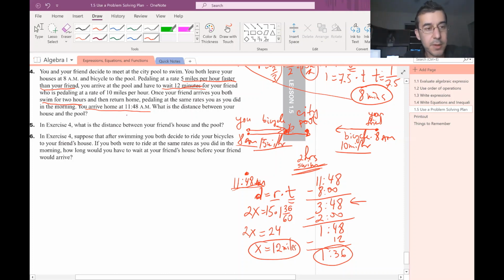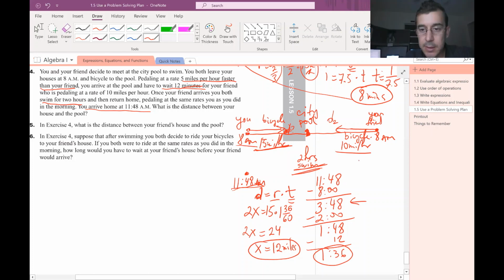Number 5, in exercise 4, what is the distance between your friend's house and the pole? Okay, so we have to find this distance right here. So let's say that's D2. That distance is different than the distance between you, your house, and the city pool, because obviously your rate of bicycling is faster and you have to wait there 12 minutes.